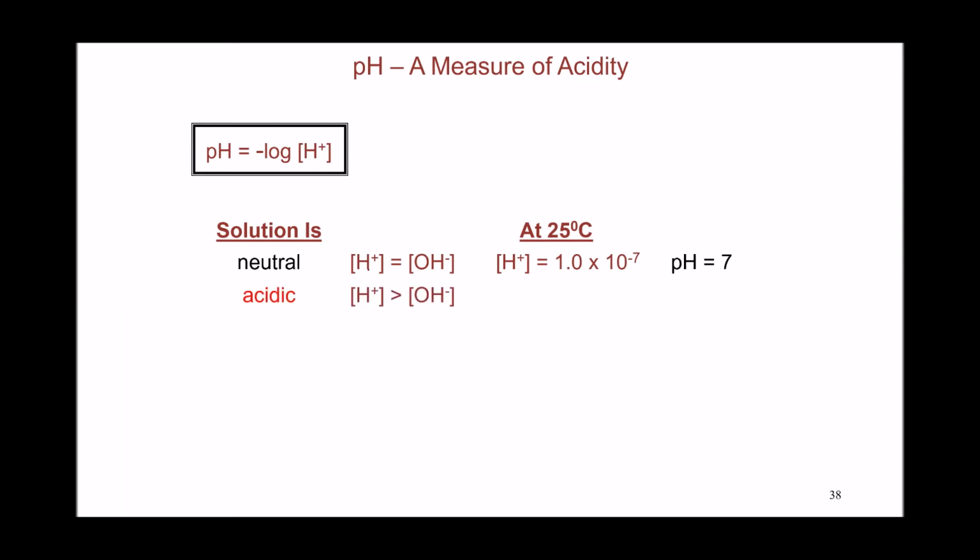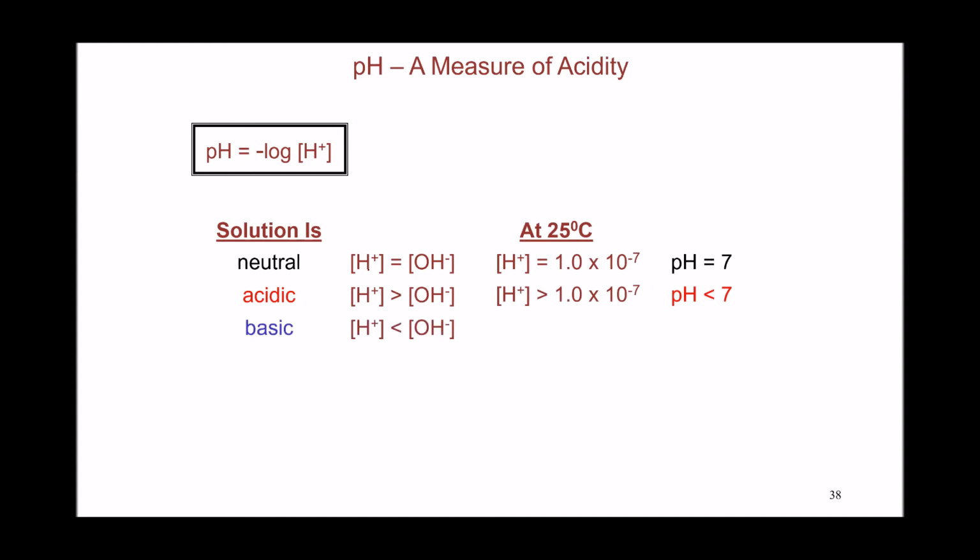If the sample is acidic, that is going to make the hydrogen ion concentration more than the hydroxide ion concentration in the sample, or basically larger than 1 times 10 to negative 7, which will make pH, or negative log of this value, smaller than 7. So any acid will have a pH smaller than 7.